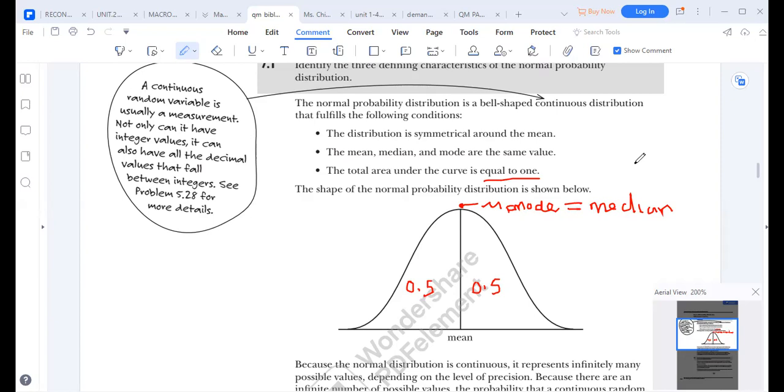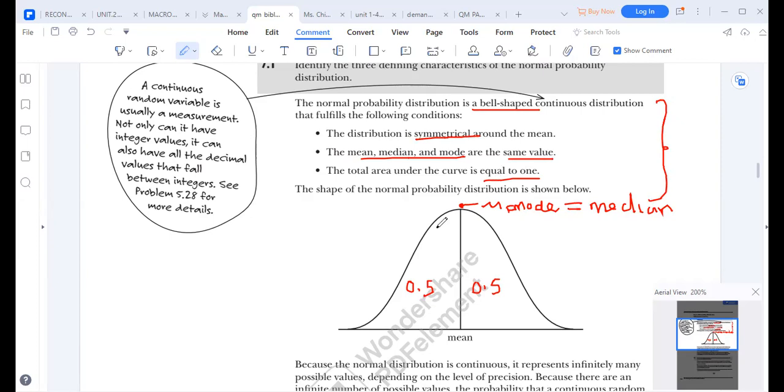So it's important to know the characteristics of this distribution because some of the exam questions just ask you to explain the assumptions under which it lies. Number one, it is bell-shaped. Number two, it's symmetric. Number three, the mode, the median, and the mean are the same value. Number four, the area under the graph is equal to 1.